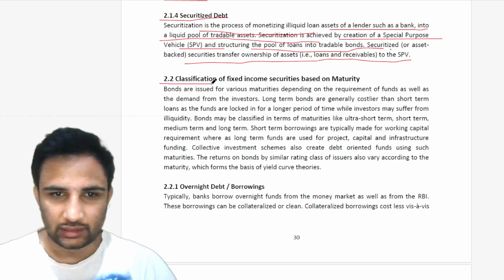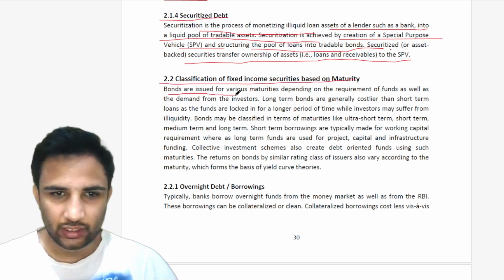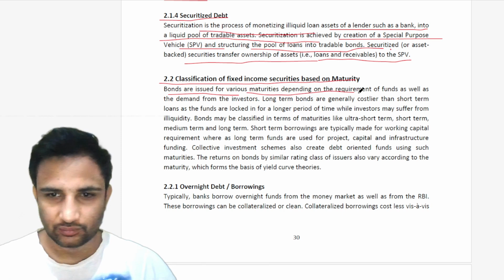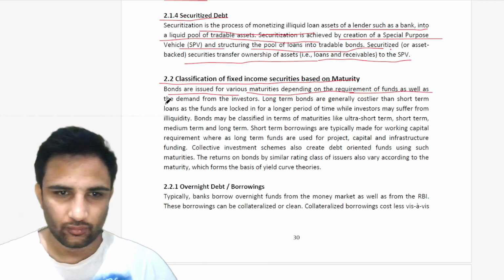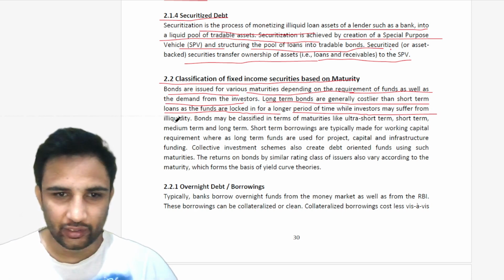Chapter 2.2 Classification of fixed income securities based on maturity. Bonds are issued for various maturities depending on the requirement of funds as well as the demand from the investors. Long-term bonds are generally costlier than short-term loans as the funds are locked in for a longer period of time, and investors may suffer from illiquidity.